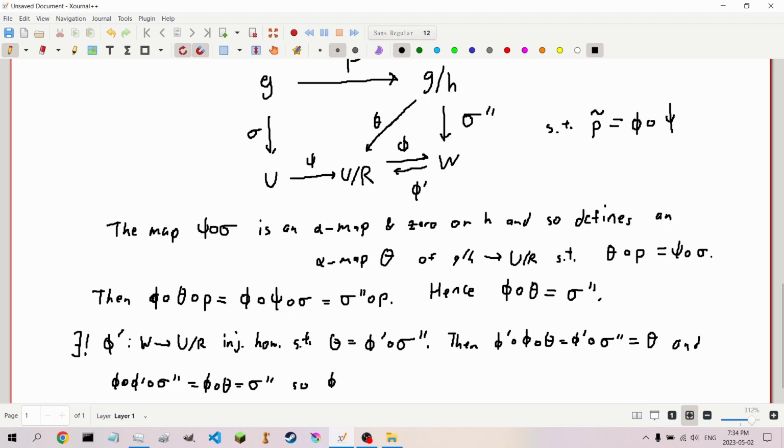So we get that phi prime composed with phi and phi composed with phi prime are the identity mappings of their domains.